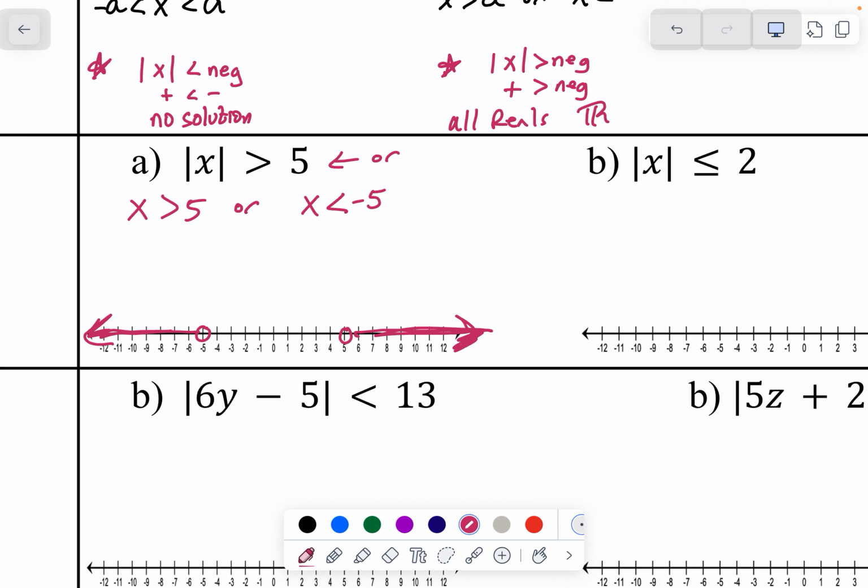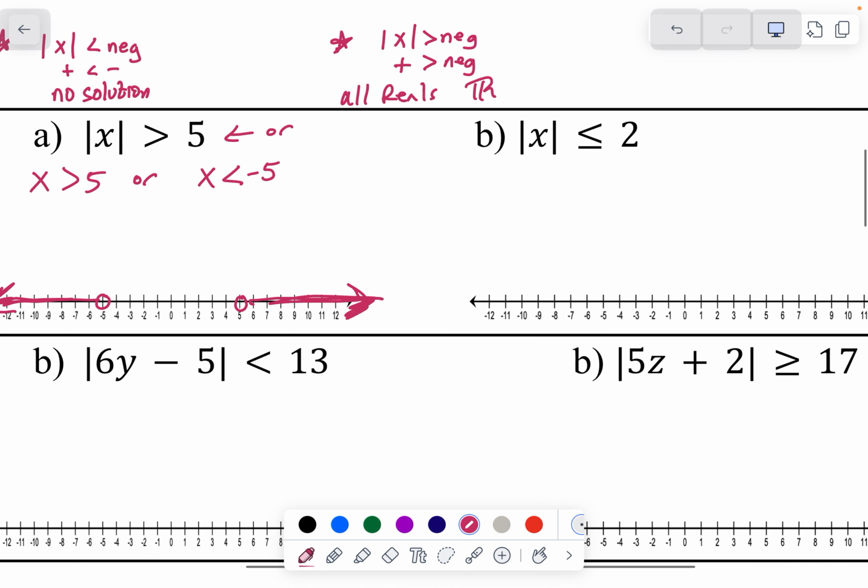So an absolute value greater than becomes the distance that is further than 5 away from 0, greater than 5 away from 0. And so that's why that distance goes out from 0 on both sides. Okay, so that's what you do if it's an absolute value greater than. I think absolute value less than is almost easier because you just rewrite it.